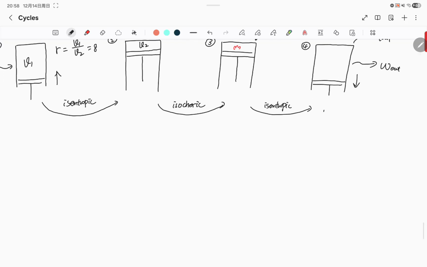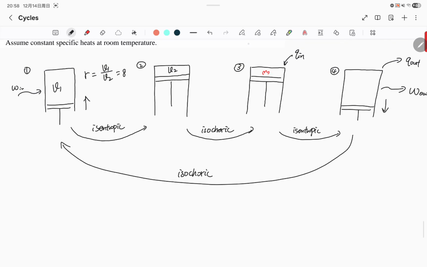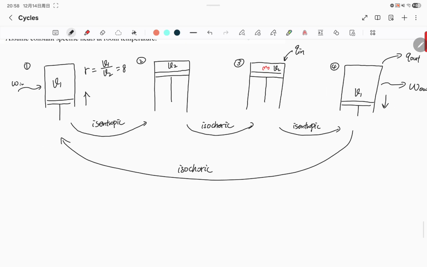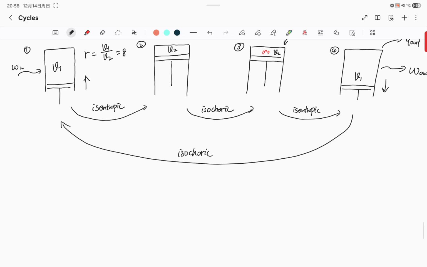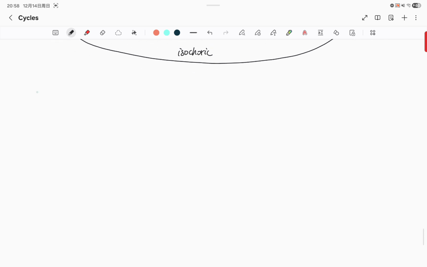And don't forget 4 to 1 is our isochoric again. Volume doesn't change. This is V2, V1. V2 means small volume, V1 means big volume.